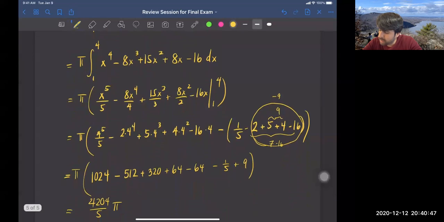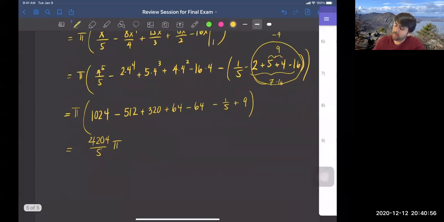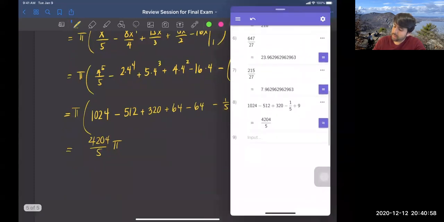9 minus 2 is 7 minus 16 is negative 9. And then you added 9. Yeah, this should be, if we're going to do something here.